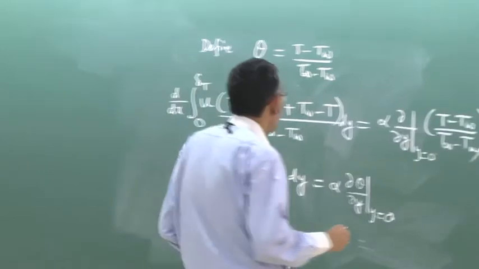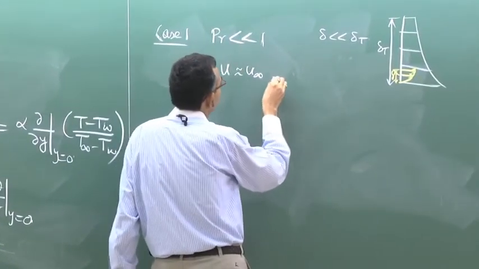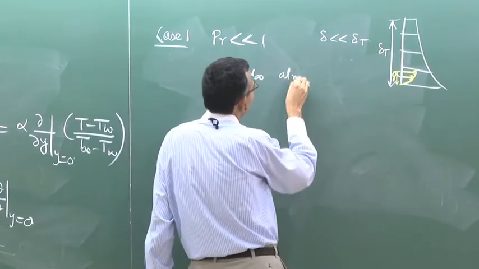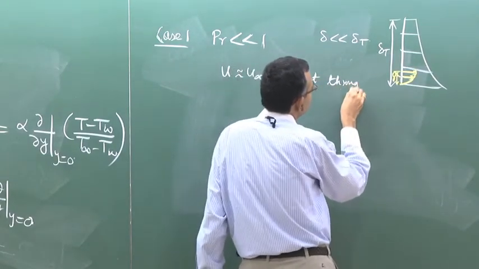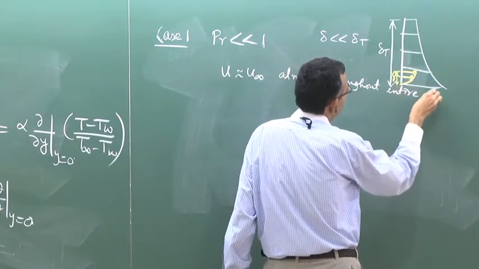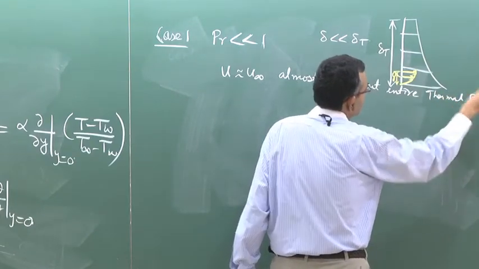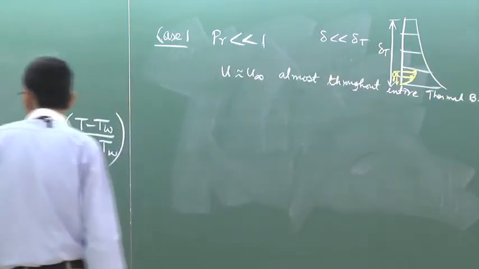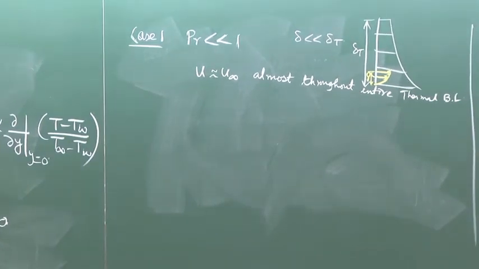So U is approximately equal to U infinity almost throughout the entire thermal boundary layer. So that U part is there. What about theta?